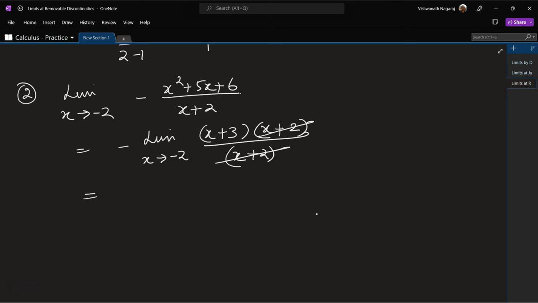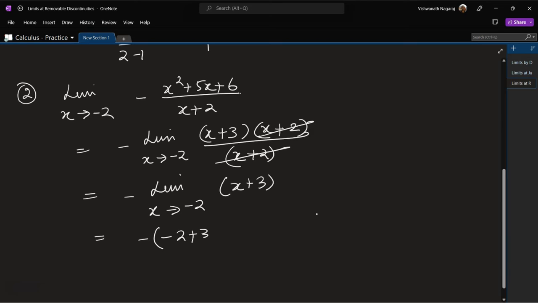So these two cancel out, and we are left with minus limit as x approaches minus 2 of x plus 3, and now we can directly substitute. So minus 2 plus 3, which is equal to minus 1.